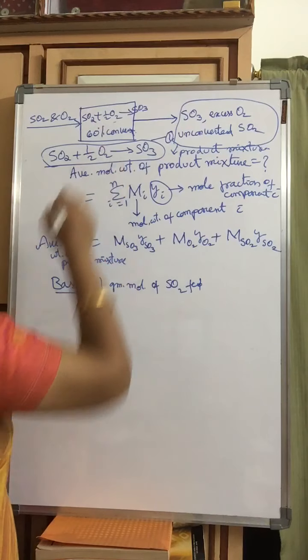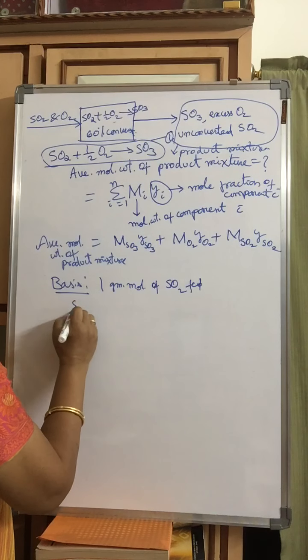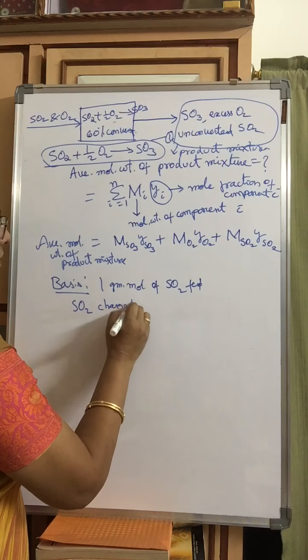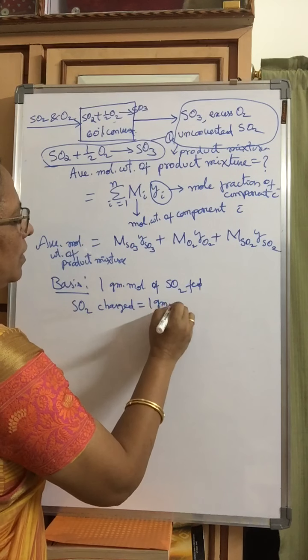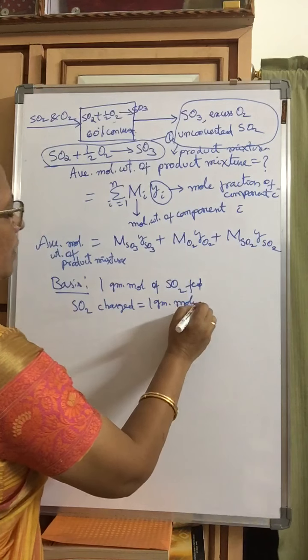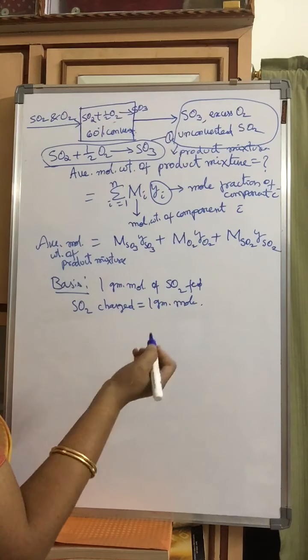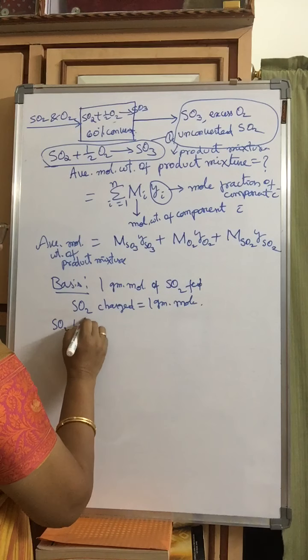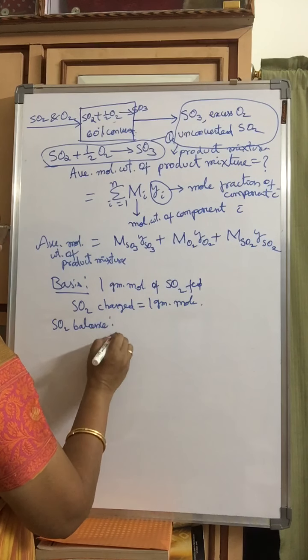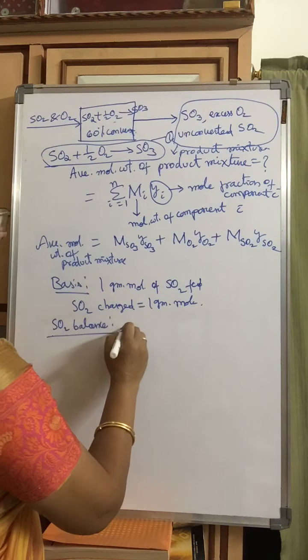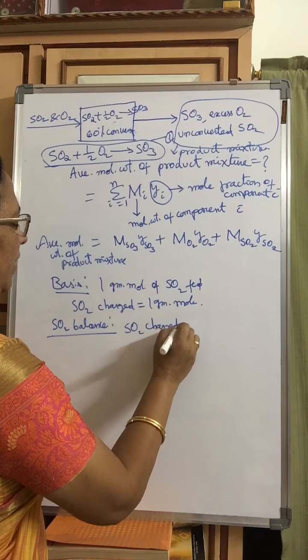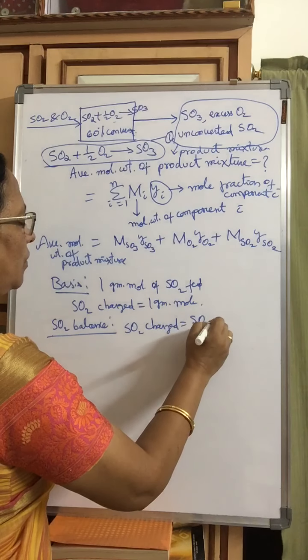SO2 charged is equal to 1 gram mole. Then you can write the SO2 balance: SO2 charged equals SO2 reacted plus SO2 leaving.